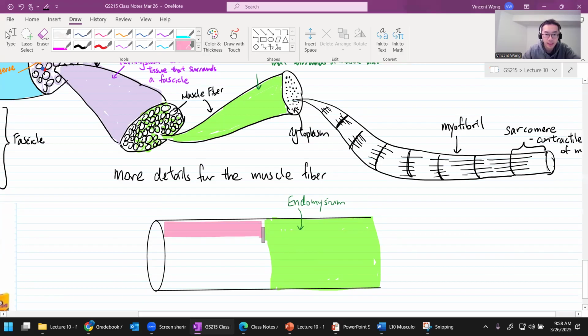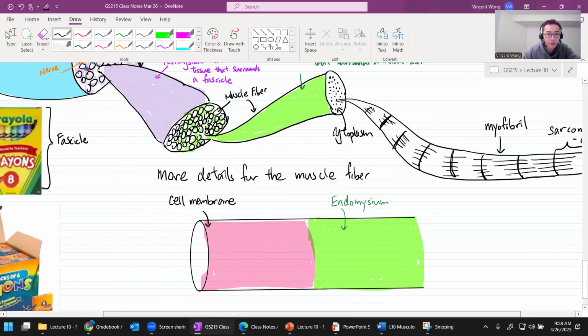So this here would be the cell membrane right underneath it. After all, the muscle fiber is a cell, and the cell has a cell membrane.